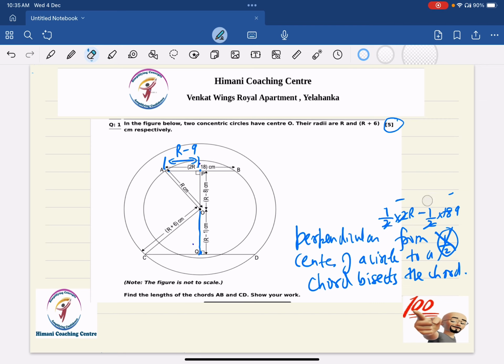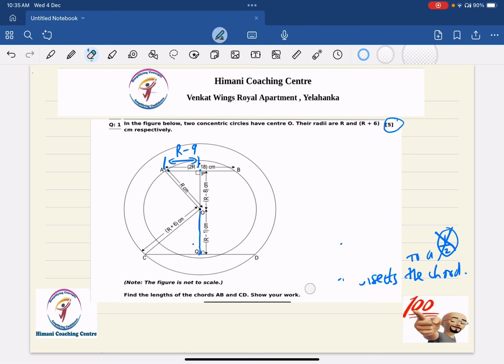Now, once we are done with this, if you look at the triangle OAP, it is a right angle triangle, and in a right angle triangle, we can apply Pythagoras theorem. Okay, so now let us look. This is P. Opposite to 90 degree is the hypotenuse.